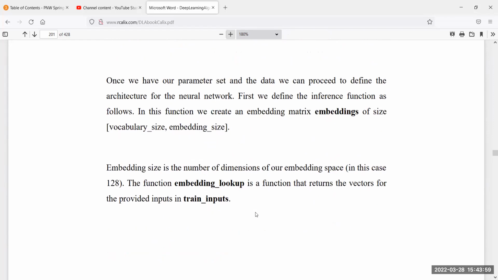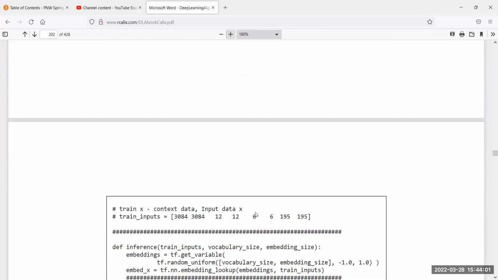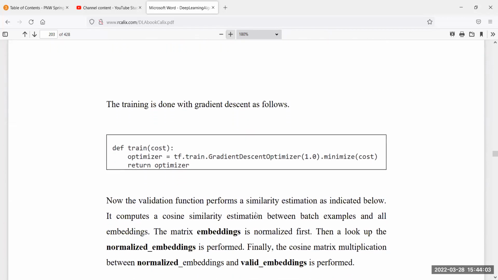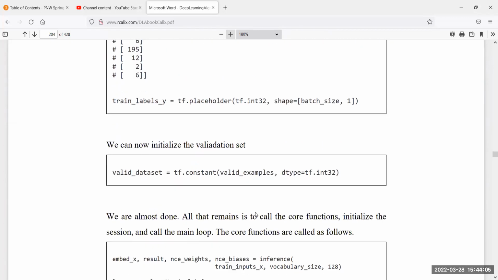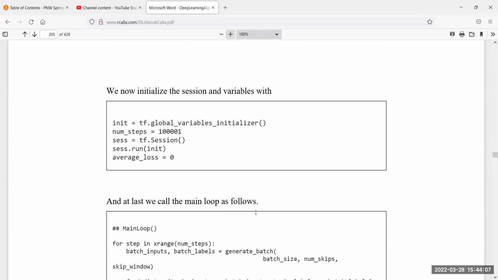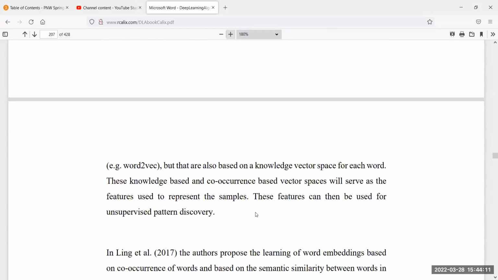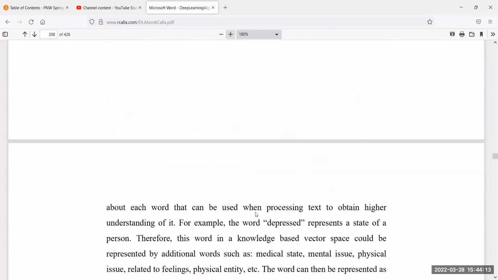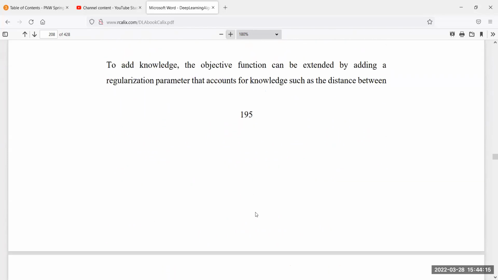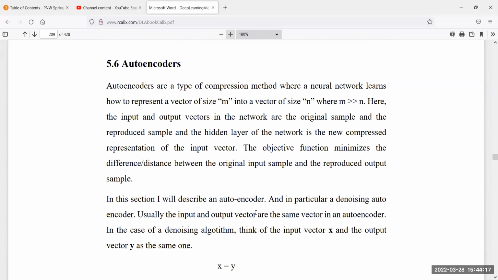The next topic that I will just kind of quickly go through is auto-encoders, just because they're similar too. So that should be section 5.6, auto-encoders. Auto-encoders are a similar idea.